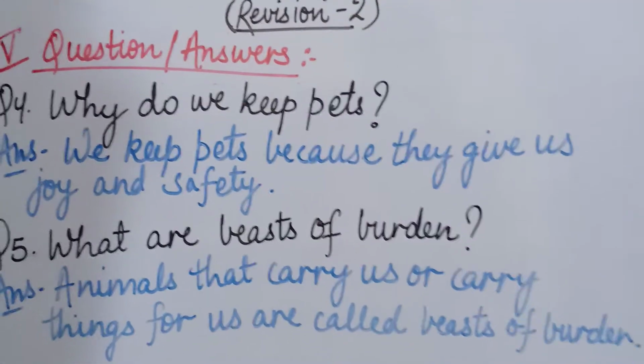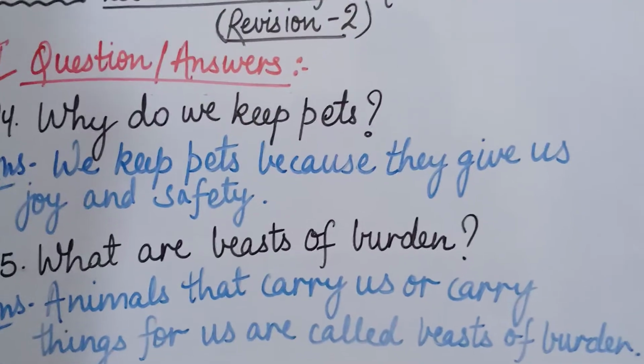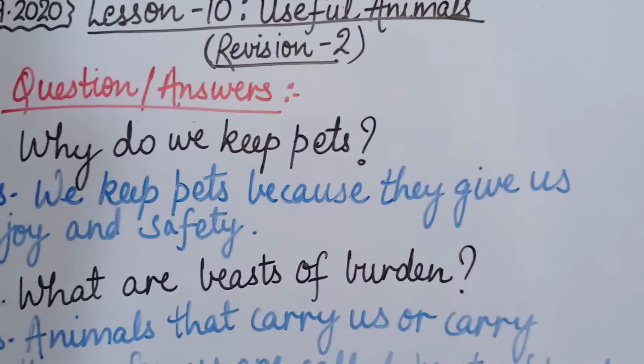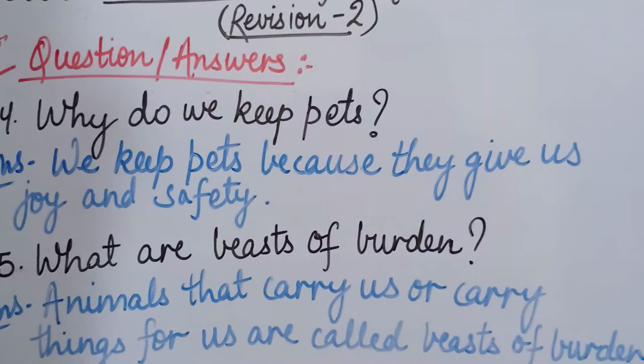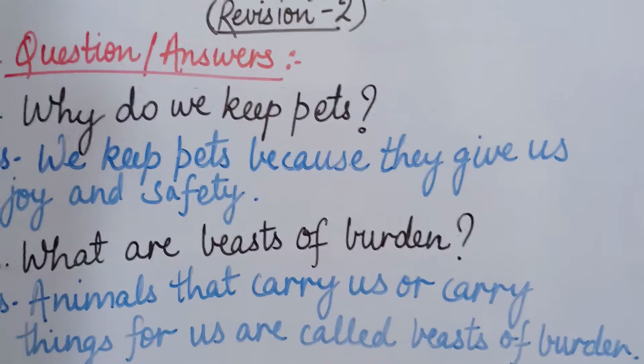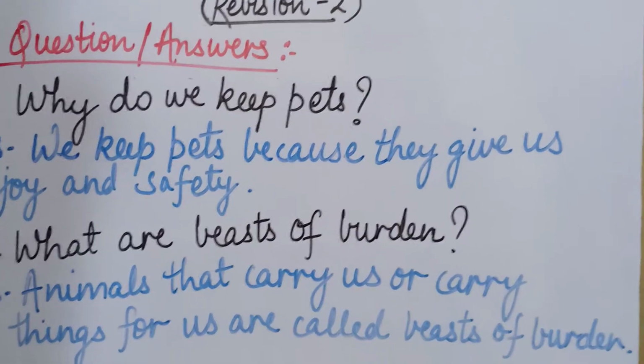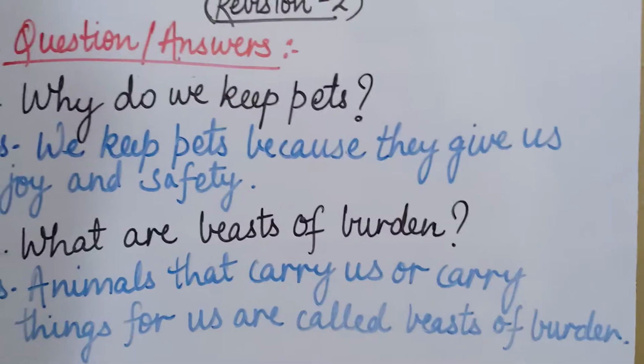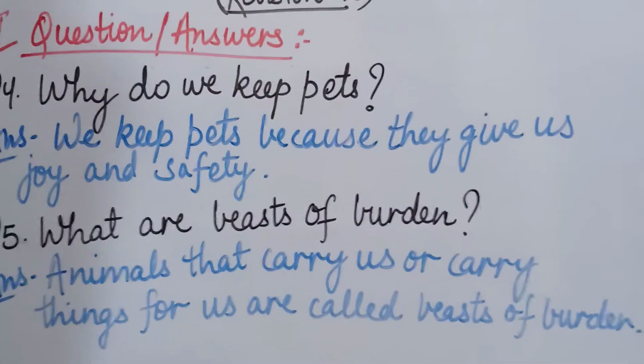Okay, and one more important thing is that get your copies corrected, all your copies corrected. Because your copies will carry marks of 10. 10 marks will be for your assignment work, that is your copy work.